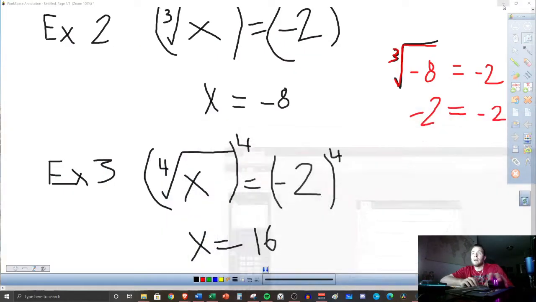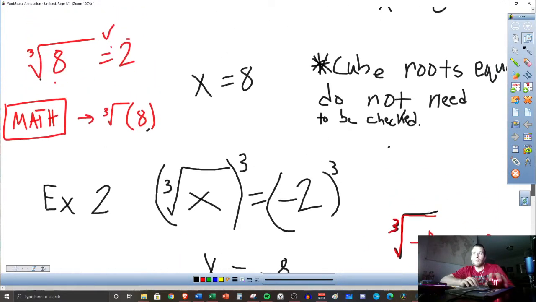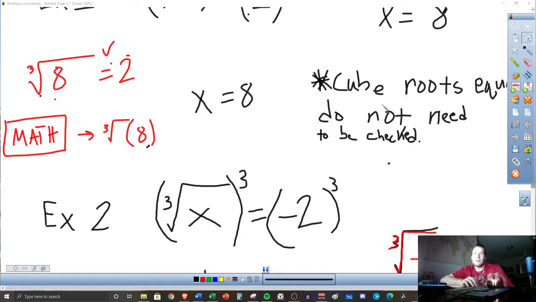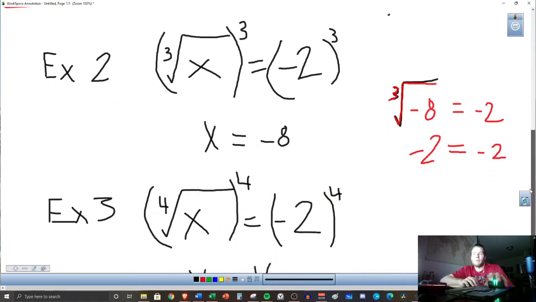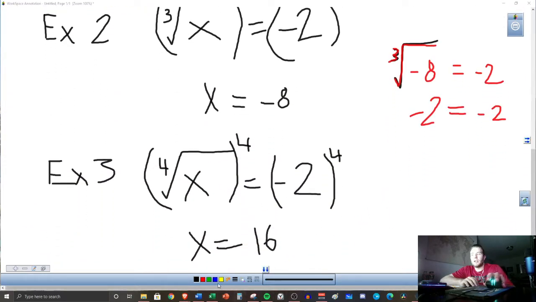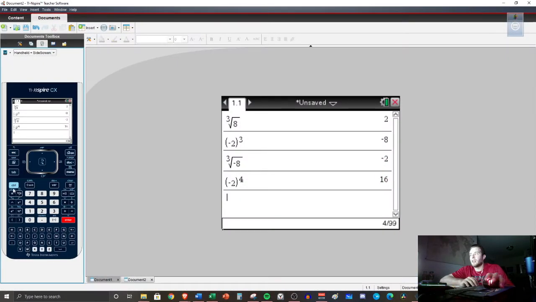So now when we get +16, we can't use this rule up here, because this is a 4th root. So you're going to notice if we check this and plug it in, we're going to put 16: is the 4th root of 16 equal to -2? Well, let's go ahead and try that.